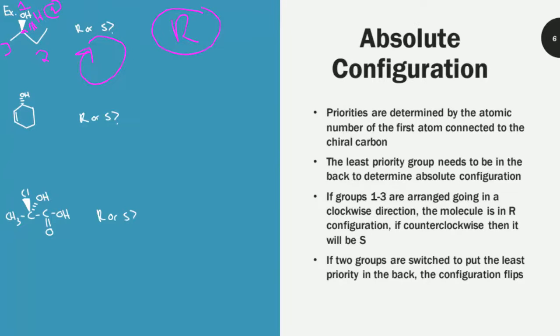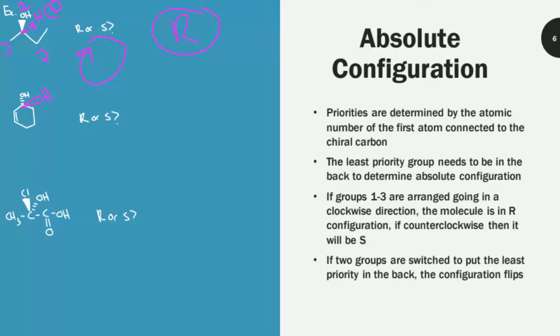So this one, this is my chiral carbon there. This time, I have an OH in the back, and my hydrogen is in the front now. I have the right side of the ring and the left side of the ring.